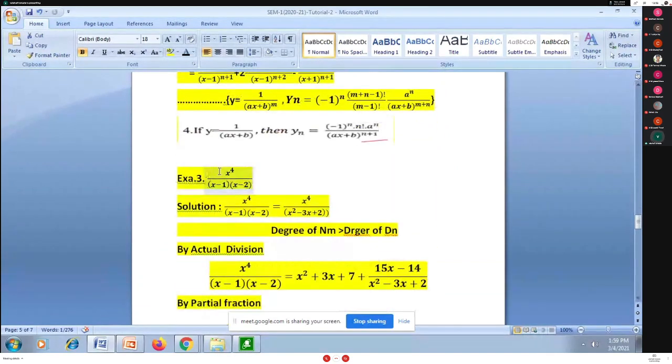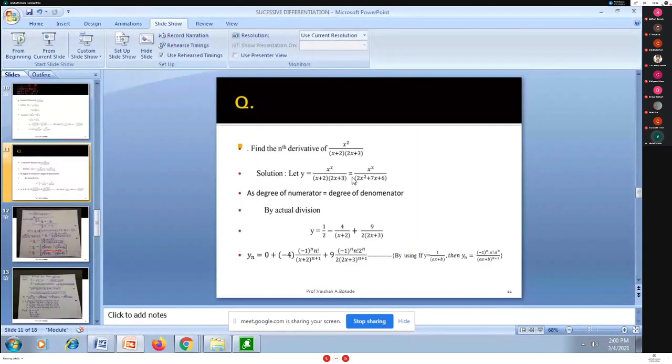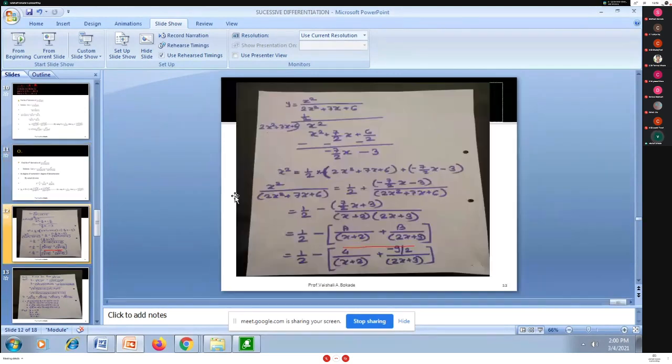So for x raised to 4 upon x minus 1 into x minus 2, or whenever I am having function as x square upon 2x square plus 7x plus 6, here I have to proceed for actual division. By using actual division, I will adjust my y as constant or quadratic polynomial plus one term where degree of numerator is less than degree of denominator.